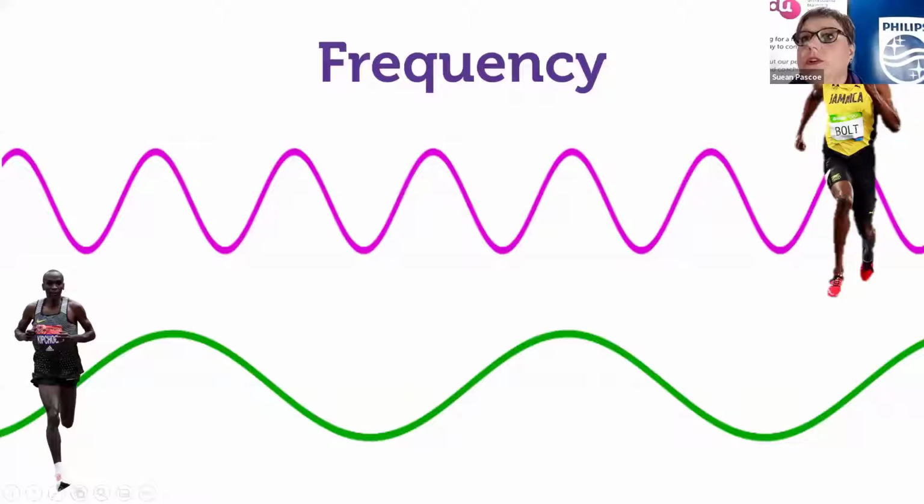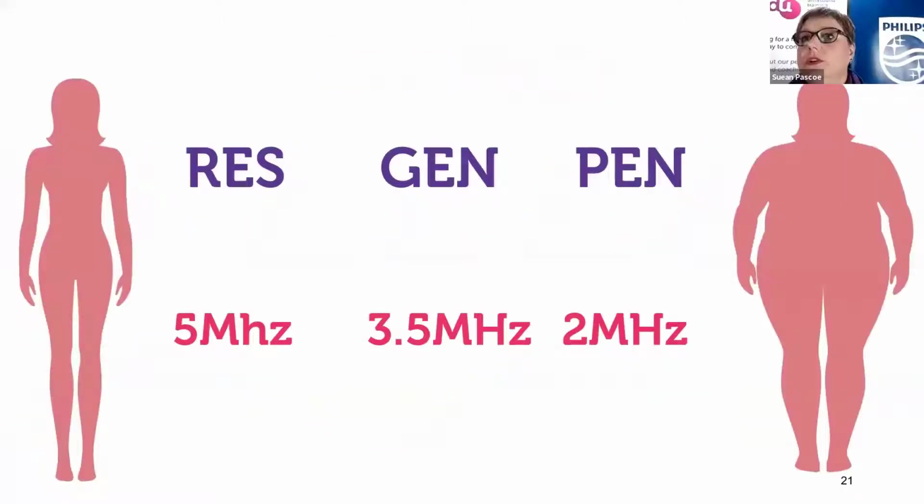On Philips or Sonosite equipment, you tend to have the terminology res, gen and pen, or variations. Res is good for your thinner patients. Gen is right back in the middle, and that's what will come up as the default when you choose your preset, designed for average Joe.